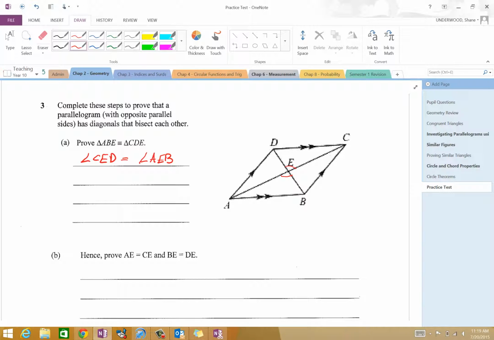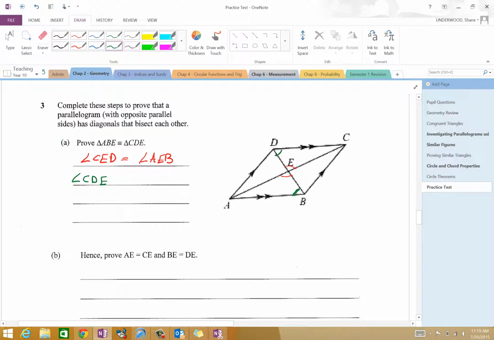They're vertically opposite. Now, what about CDE? If I call it angle CDE, what might that angle be the same as? ABE. Angle ABE. Well done. Why? Because they are alternate.